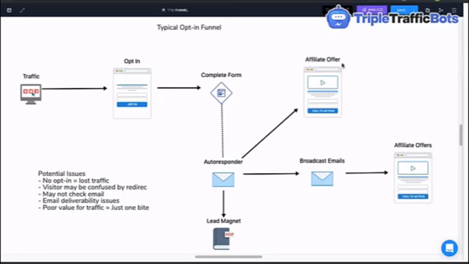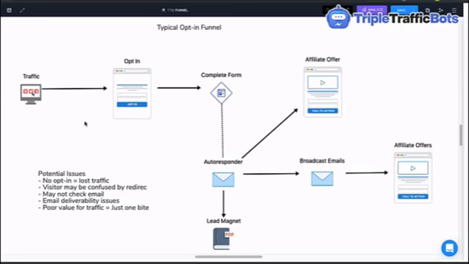So they send them directly to their affiliate link. But once they're on the autoresponder, you can set it up so the first email delivers the lead magnet that they wanted. And then as time goes on, you can set up broadcast emails to send them towards other affiliate offers. So it's a very standard funnel that many people use.